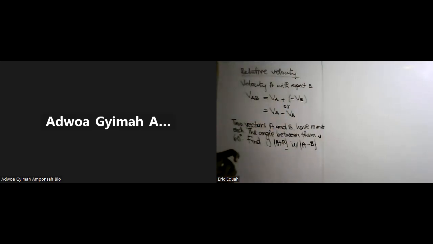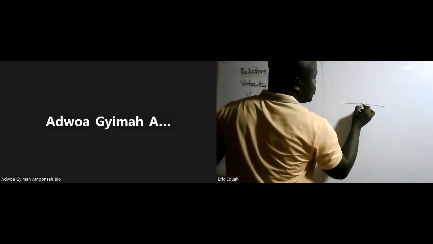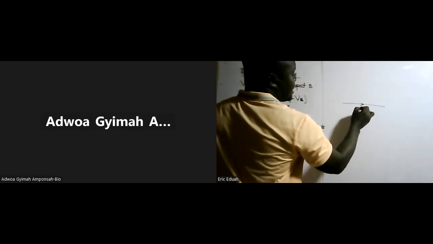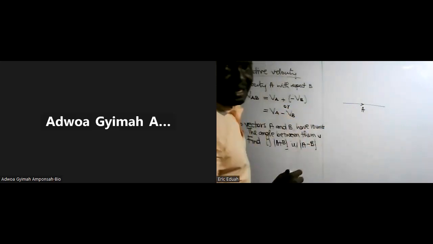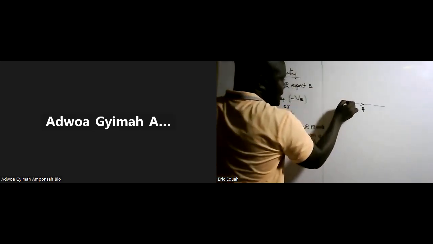So we are told that the angle between the vectors A and B is 60. So here you are free to represent the vectors. This can be B or A, and to locate the other one, there must be an angle of 60 between them.